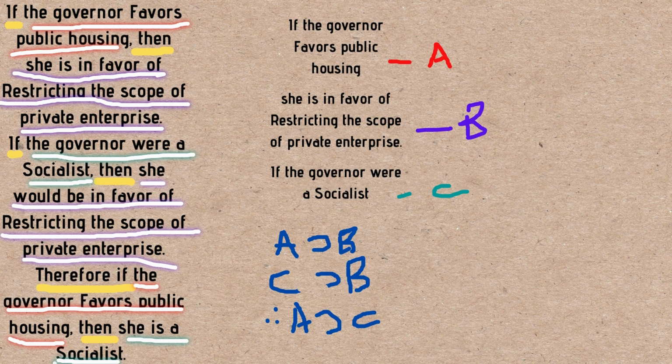If the governor favors public housing, we give A. She is in favor of restricting the scope of private enterprise, we give B. And if the governor were a socialist, we give C. So after studying the whole sentence using the statements, we have built: A implies B, C implies B, therefore A implies C. So this is the argument we have built.